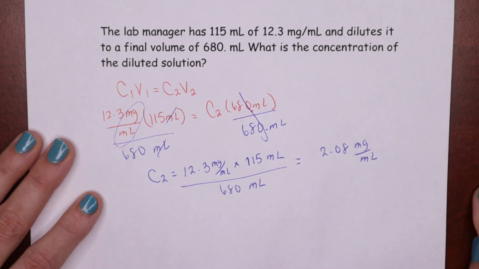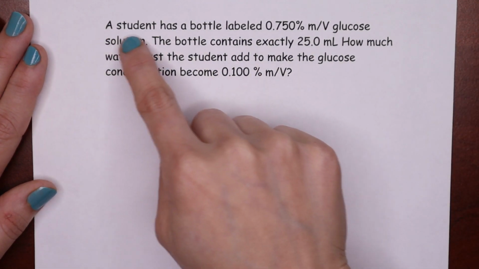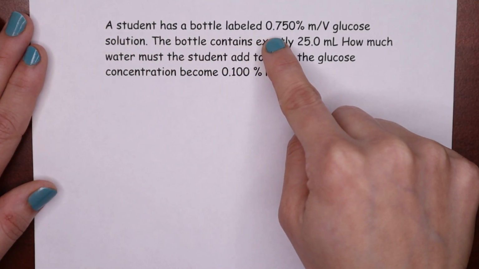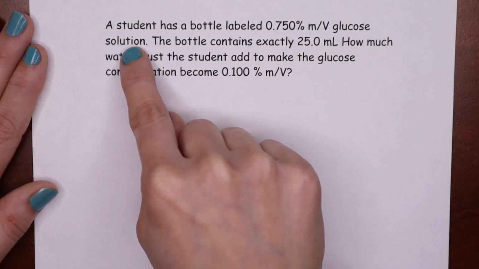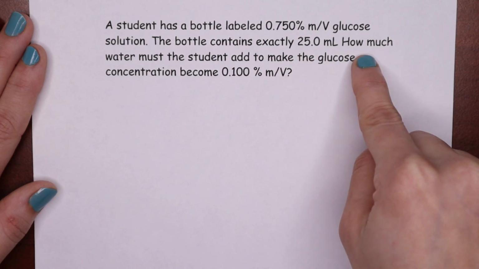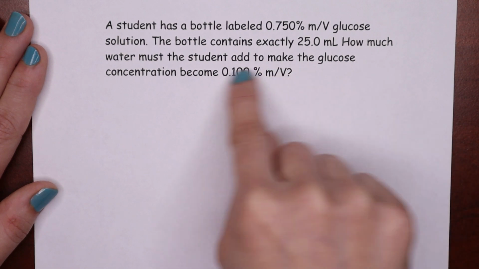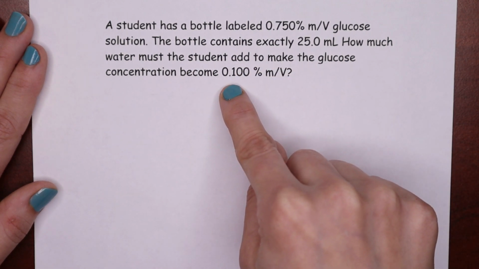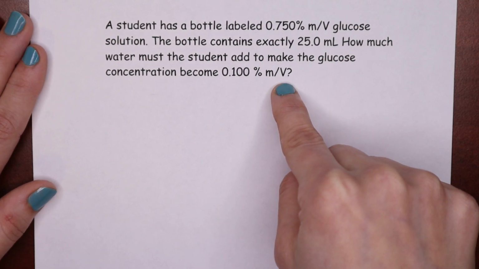So we're done. Here we have our final question, and it says, a student has a bottle labeled 0.750% M/V glucose solution. The bottle contains exactly 25.0 milliliters. How much water must the student add to make the glucose concentration become 0.100% M/V?